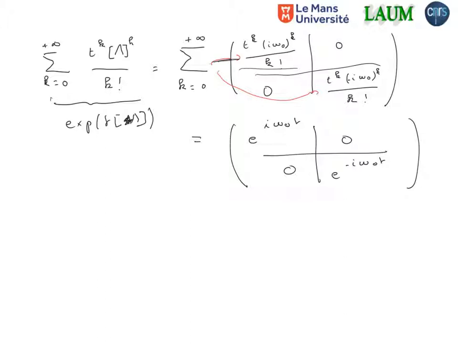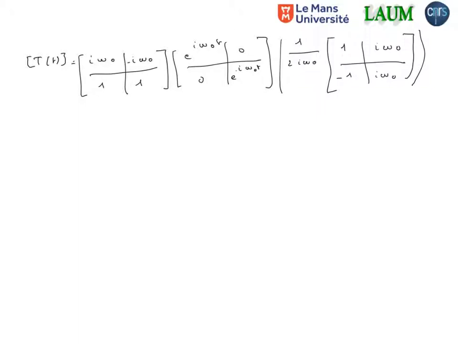And then this part can be written in a very condensed form where we have dependence on time in e to the i omega 0 t and e to the minus i omega 0 t, which sounds familiar for every acoustician. So now we are very close to the expression of the transfer matrix, because we have the following product to compute.